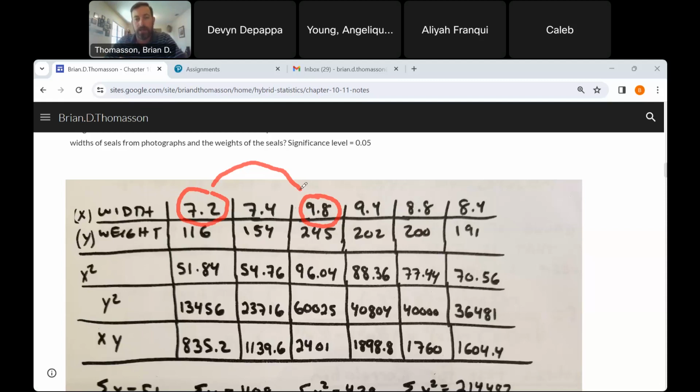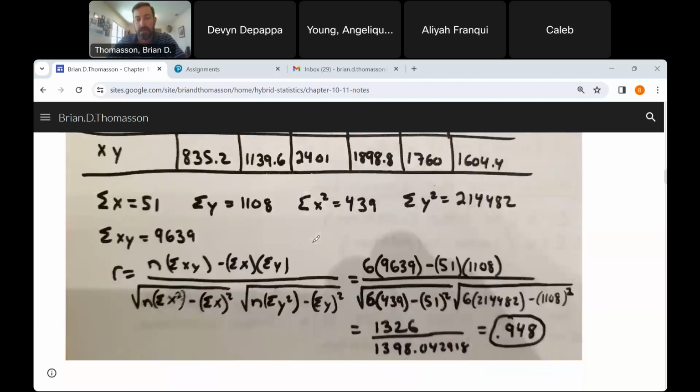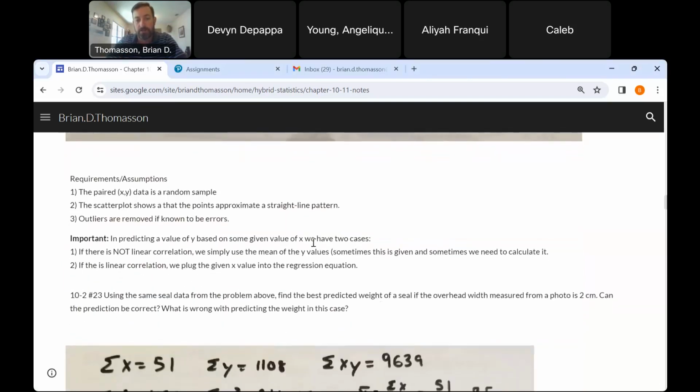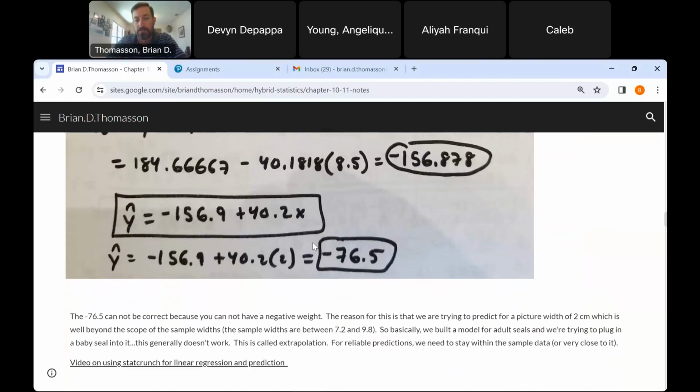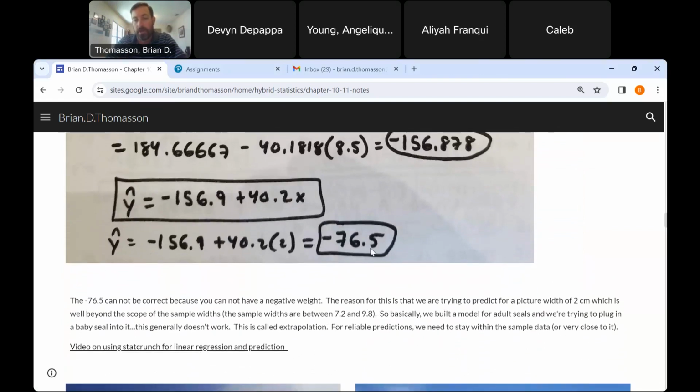We can't do that. We have to stay inside that range. Anything in between 7.2 and 9.8 is going to give us a good prediction. Outside that range, it can give us nonsense, and if we go way outside that range, we do get nonsense. In this case, negative weight. So we can't go outside that range.